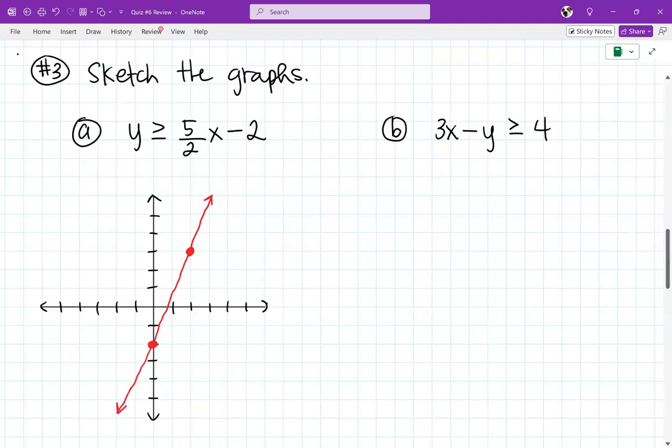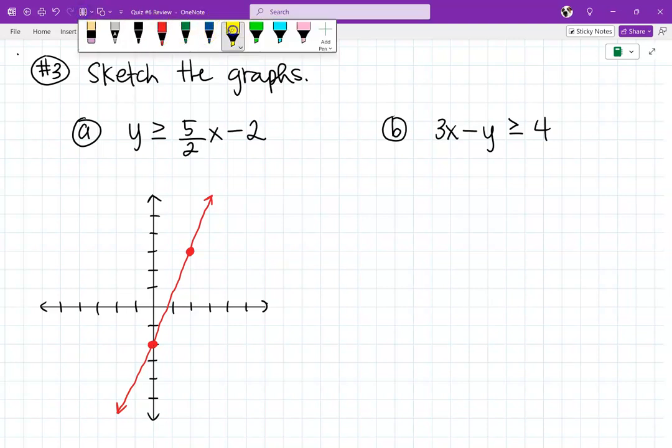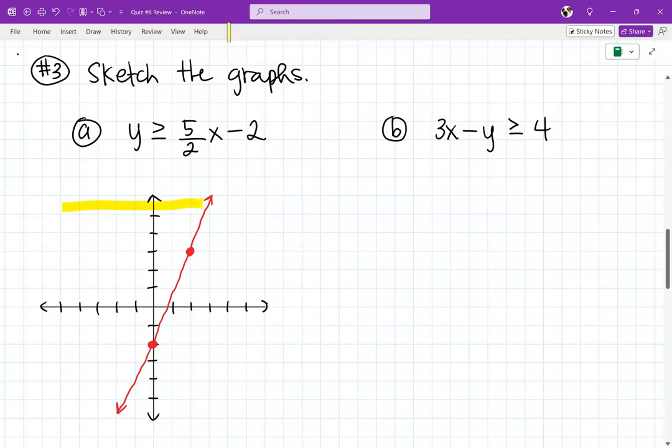And then shading above or below: it says y greater than, so above, right? So I have to color this in, and then I'm done. We're just going to color that part in as best we can.